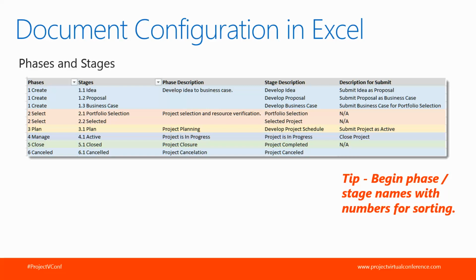That would be what the users see when they want to submit from one stage to the next. As a best practice, we like to begin our phase and stage names with numbers for sorting. The system doesn't have any way of logically sorting phases and stages. When it's presented to the user, they're going to be alphabetical. So it's a great tip to use numbers in front of your phase and stage names.